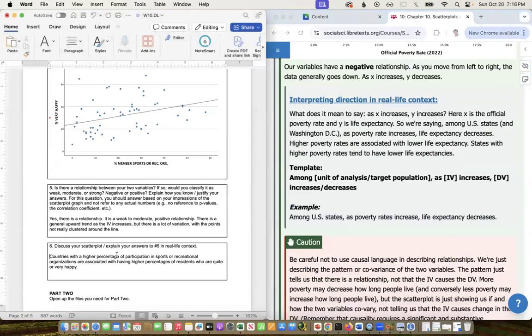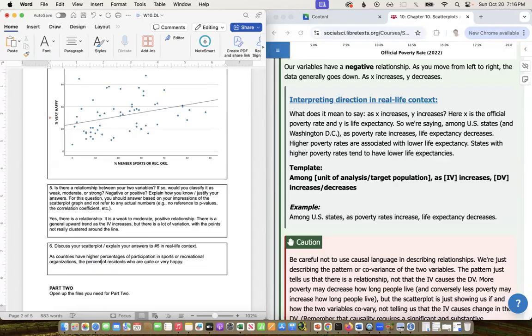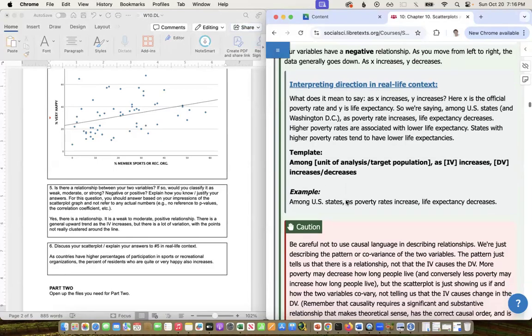So, as countries have higher or increasing percentages of participation in sports or recreational organizations, the percent of residents who are quite or very happy also increases. Okay. Or we could say among countries in the world, right, as recreational sports participation increases, the percent of residents who are happy also increases, right?